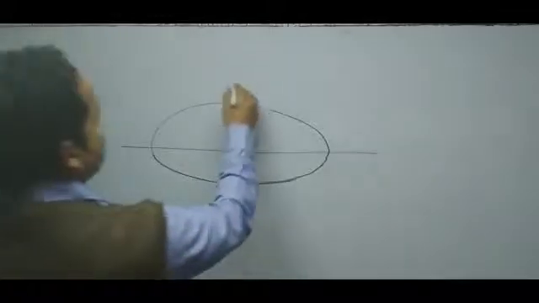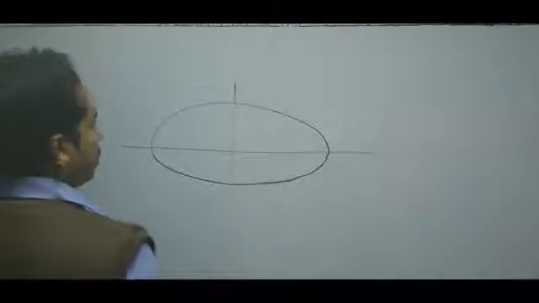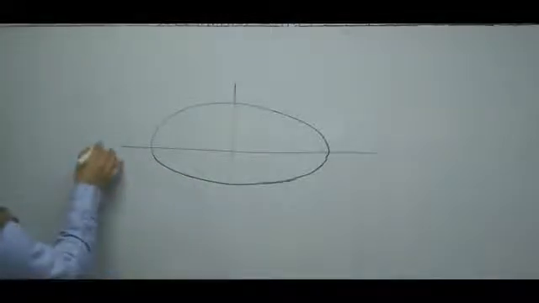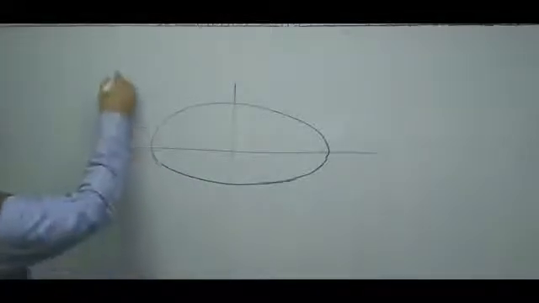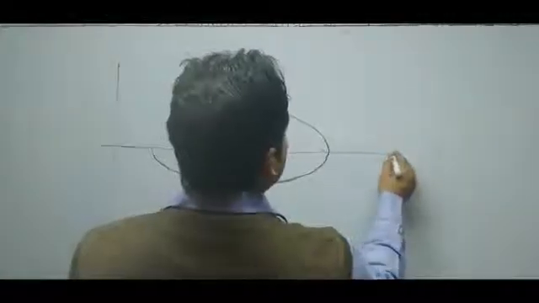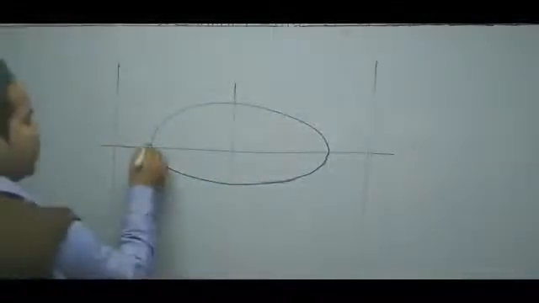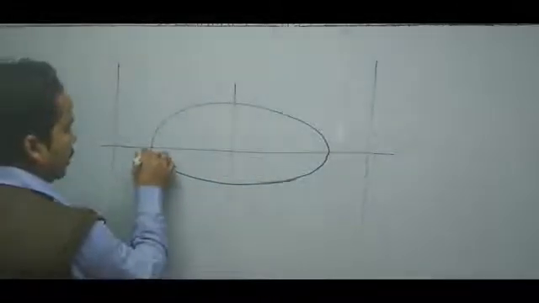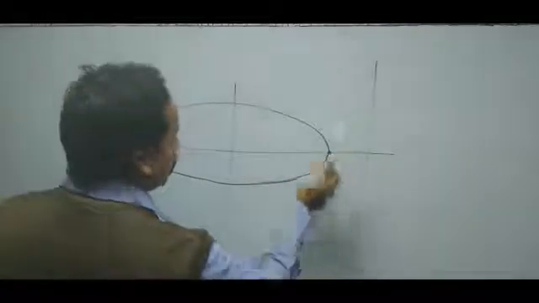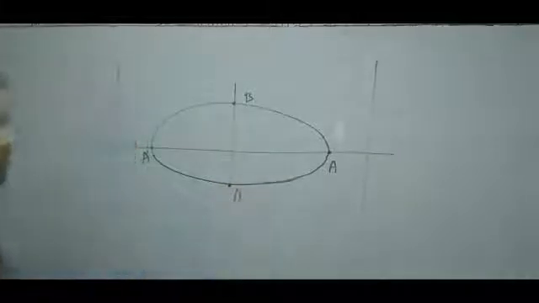And this is the major axis and this is the minor axis. Suppose this line is parallel to the y-axis, this line is also parallel to the y-axis. This point is A dash, this point is A, this point is B, this point is B dash.